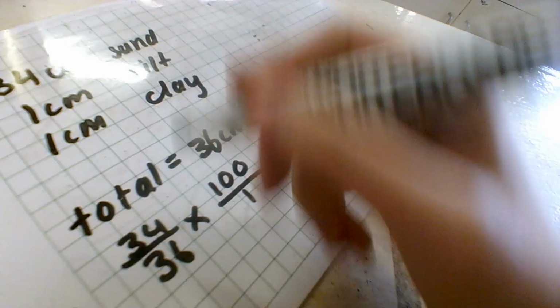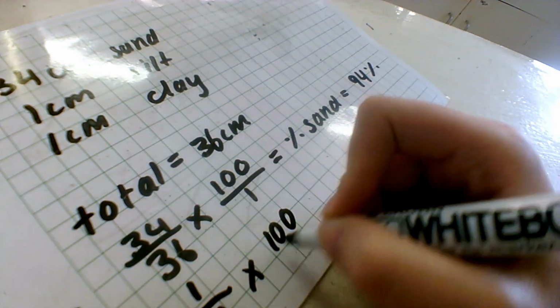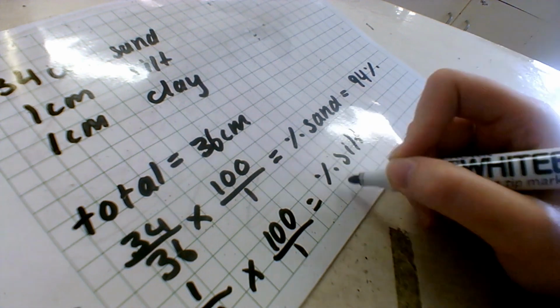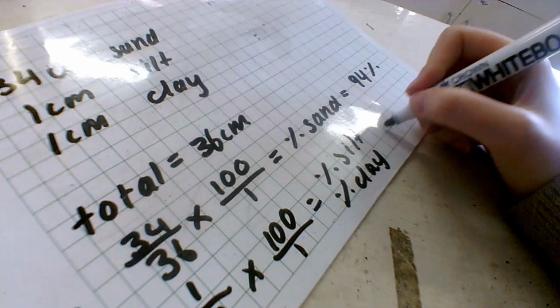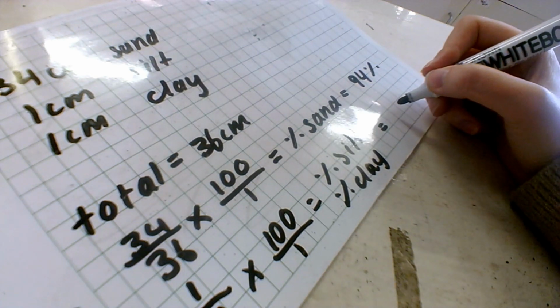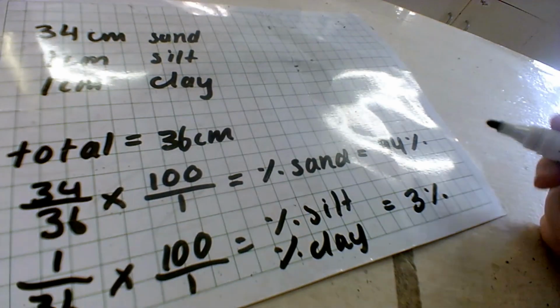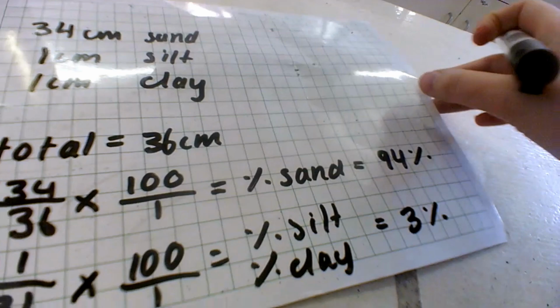Then for my silt, it's 1 over 36 multiplied by 100 over 1. That will equal my percentage silt, and it will be the same as my calculation for clay, equal to 3%. So I have 3% silt, 3% clay, and 94% sand.